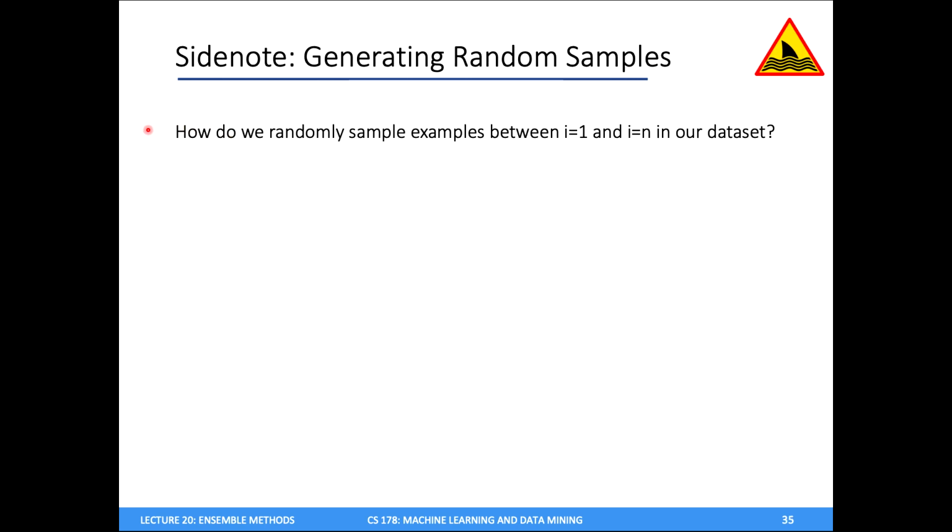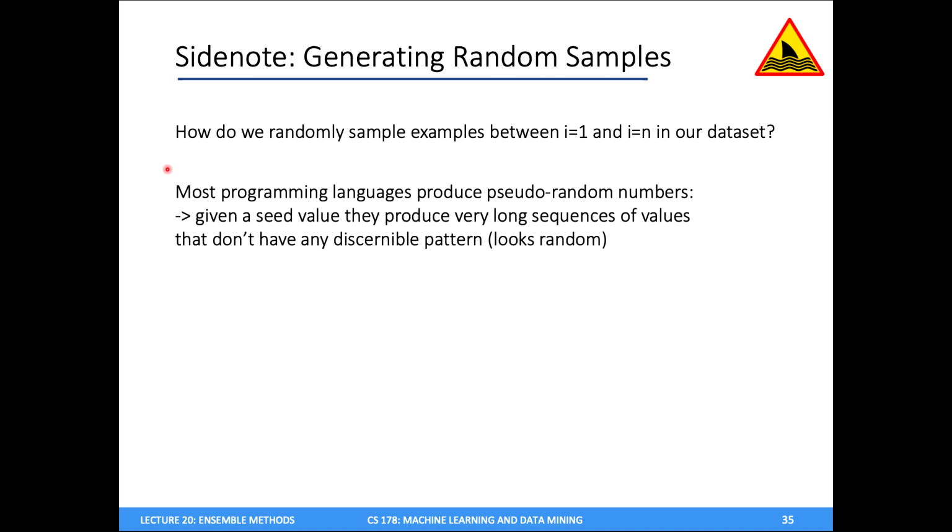Okay, for a brief aside here, how do we actually generate these random samples from my data set? We need to select random indexes when we're selecting random rows. The way we're going to do this is using random number generators. Hopefully you've seen something like this before, but it's good to see the internals of how this actually works. In most programming languages, to get a random number, you work with a pseudo-random number generator that, given some seed, produces a really long string of random integers.